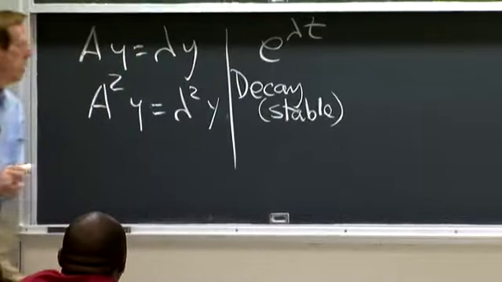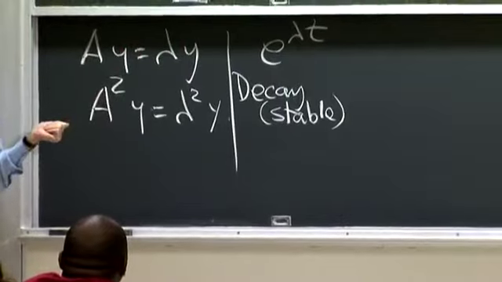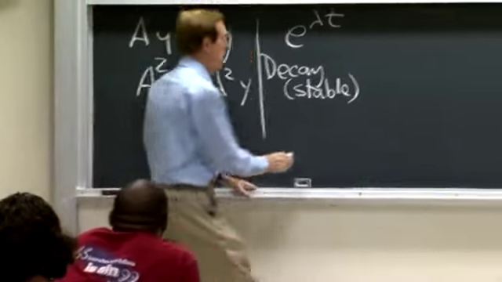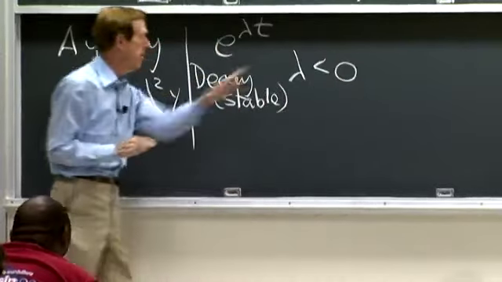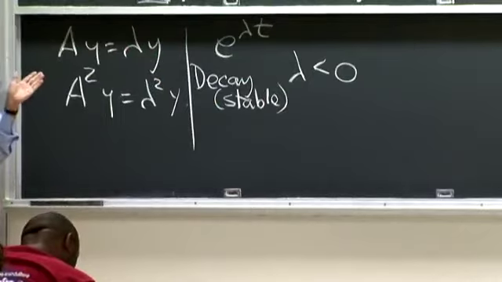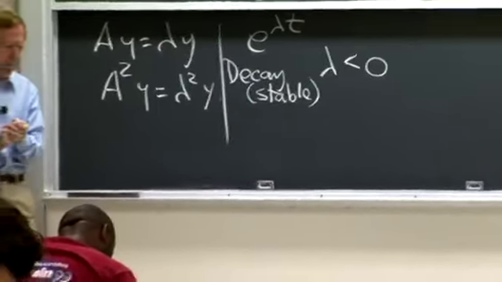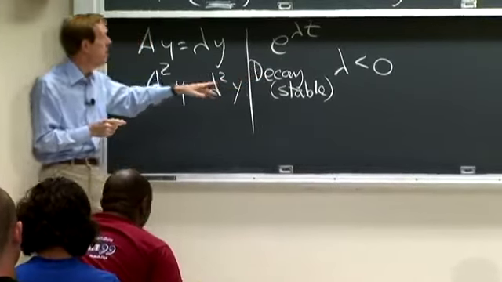What would be the condition on lambda for this to decay? Lambda less than 0. Now, there's one little bit of bad news. Lambda could be complex. Lambda could be 3 plus 4i. It can be a complex number, these eigenvalues, even if A is real.